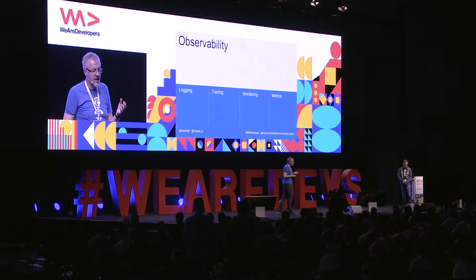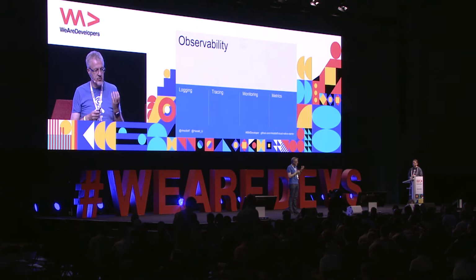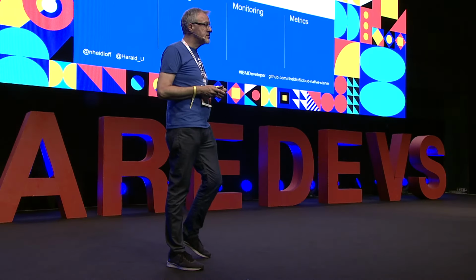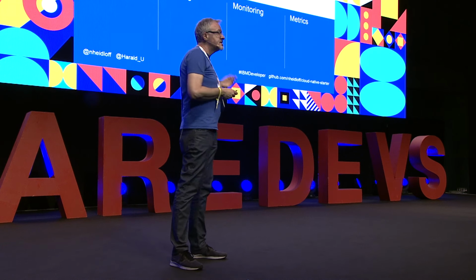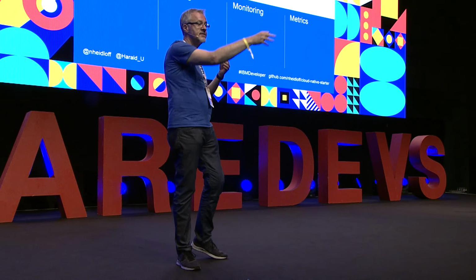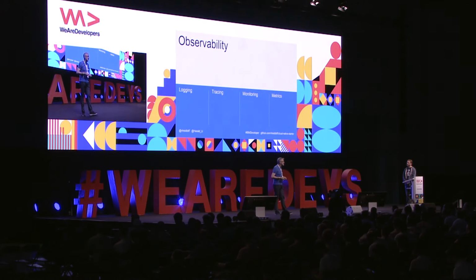So as developers, to observe our application means we need to observe moving targets, which means we need different tools and new tools. We need distributed logging. We need distributed tracing because our requests pass through many different services. We need monitoring and metrics.